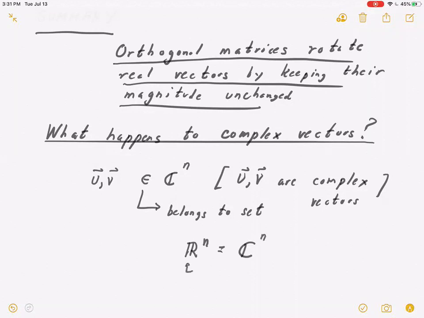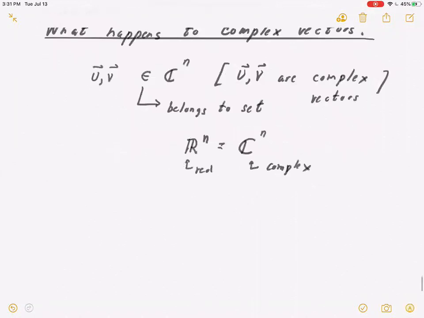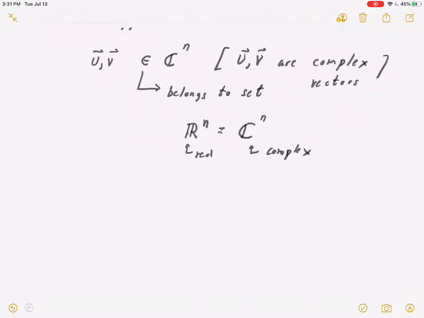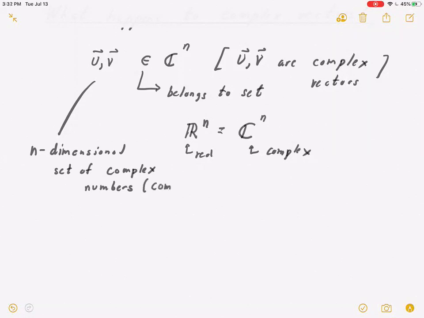And so we'll use a capital R for real and a capital C for complex. So let's say U and V belong to, in our review, U and V are vectors in an n-dimensional set of complex numbers. Or really coordinates or components.